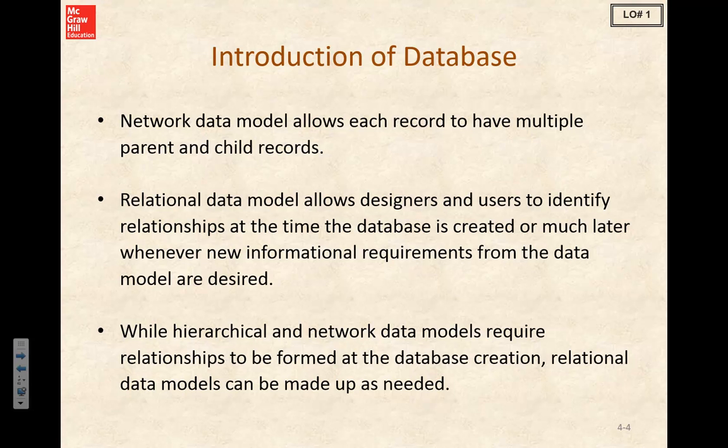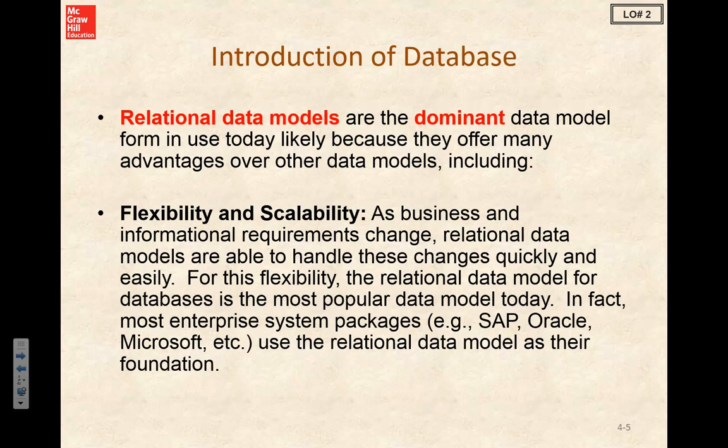Both the hierarchy and network models, the relationships need to be defined up front. And perhaps the relationship flexibility makes the relational data model more dominant in industry. Like I mentioned, relational data models are the dominant data model form in use today, likely because they offer many advantages, primarily flexibility and scalability.